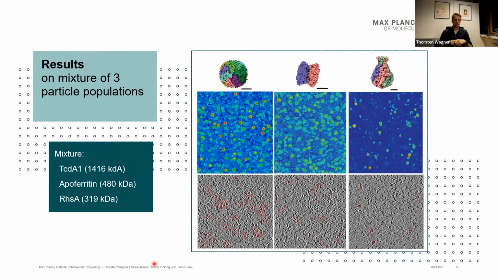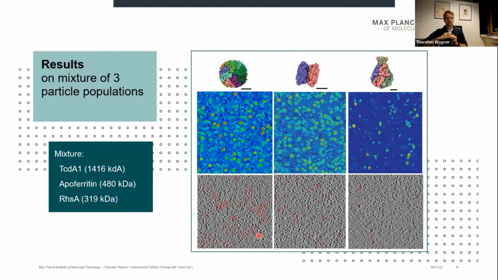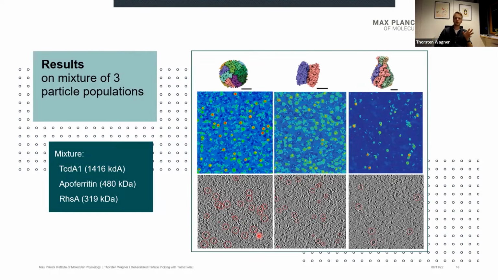Those mixtures contained TCDA1, apoferritin, and RHSA, which is a type 6 secretion effector protein. So even though the network was not trained on any real world data and also not on TCDA1 and RHSA, it did a really good job and picked them with high accuracy.